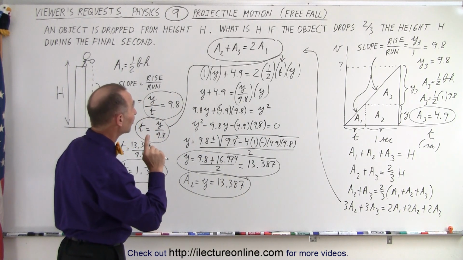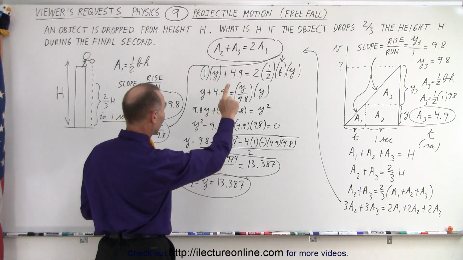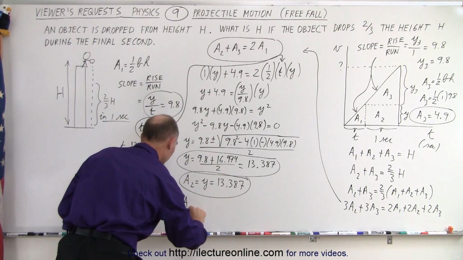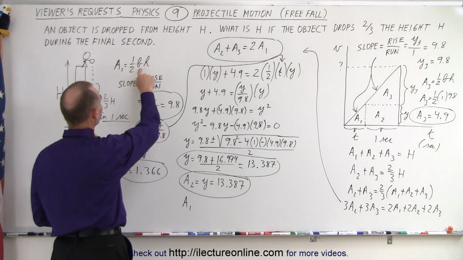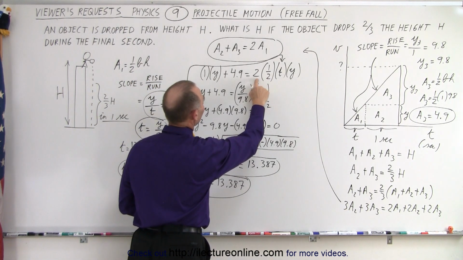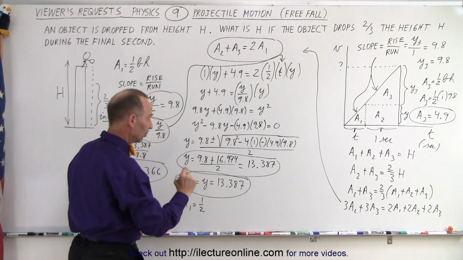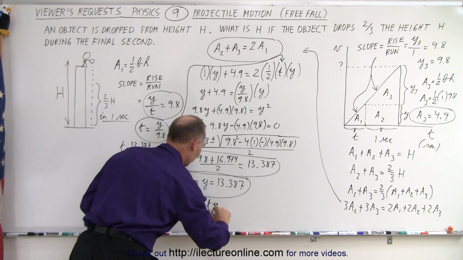Now I need to find the value for A1. So A1 is equal to 1/2 the base times the height, so 1/2 the base, which is t, times the height, which is y.